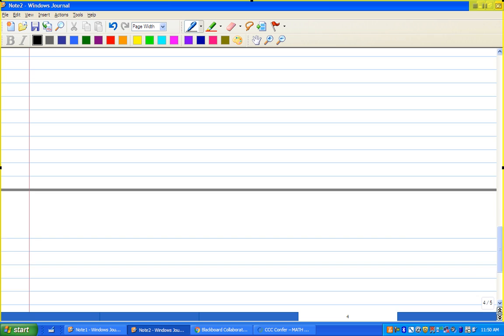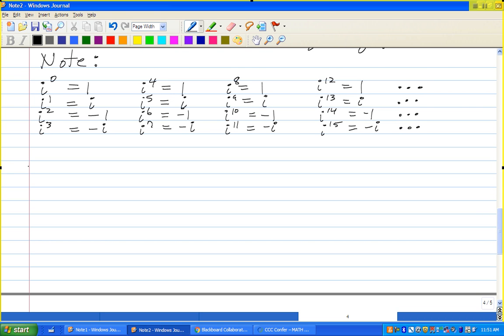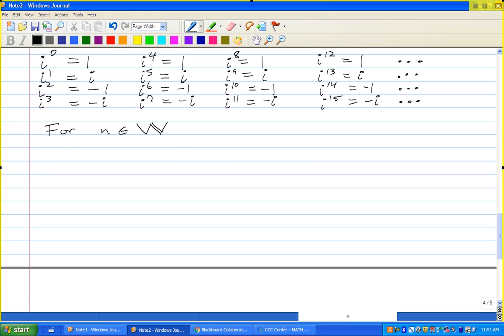And so we have the following. Let n here be a natural number, let's say a whole number. Actually, I can let it be an integer. Let n be an integer.